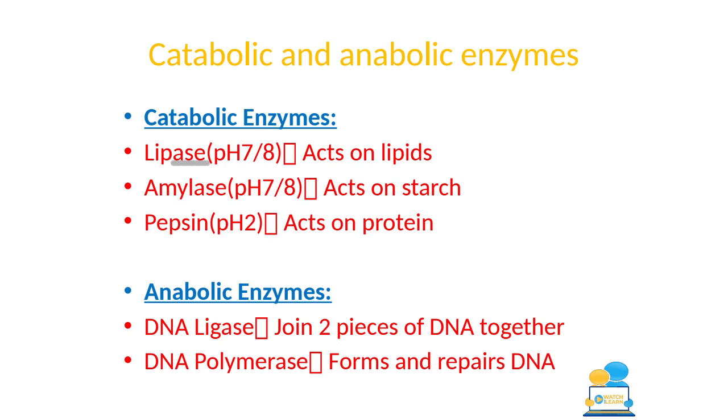Again, reference the ASE. So lipase reacts on lipids. Amylase acts on starch. And pepsin acts on protein. So we're going to remember the P and P: pepsin for protein.